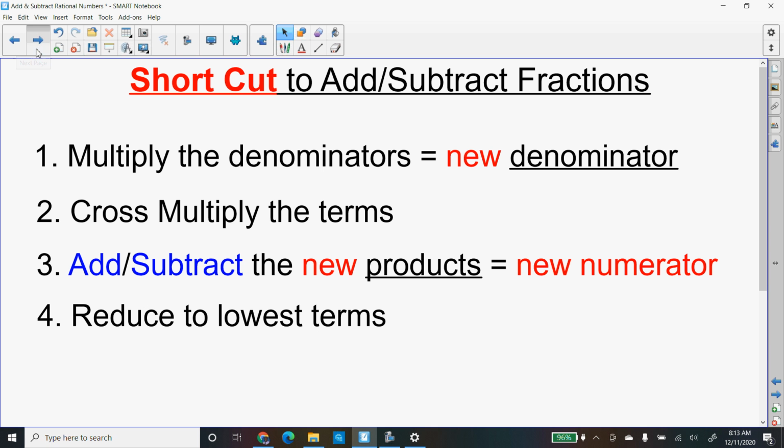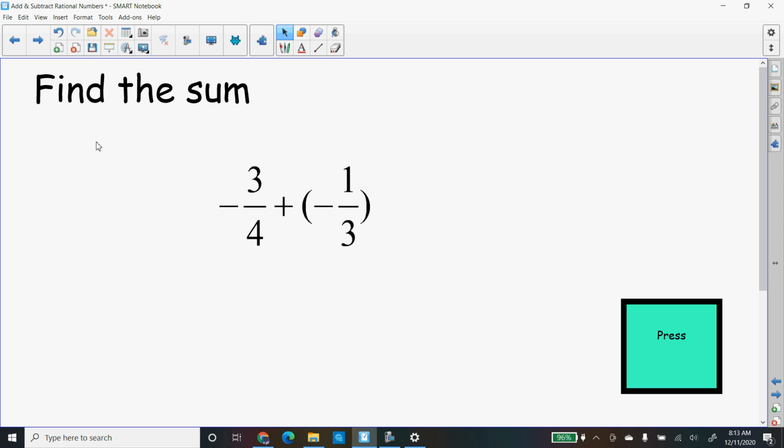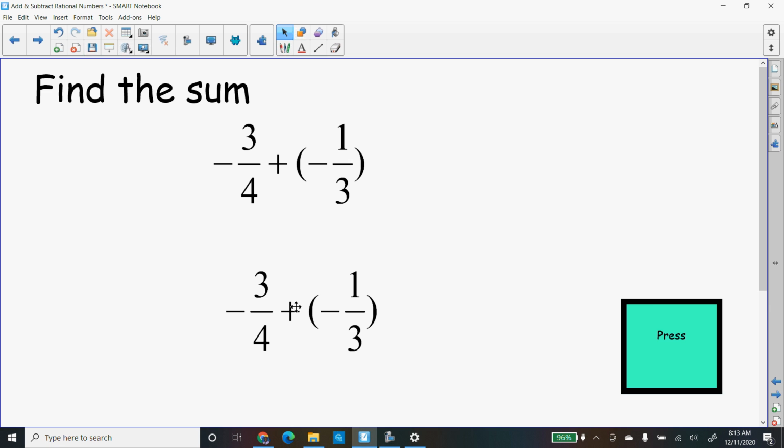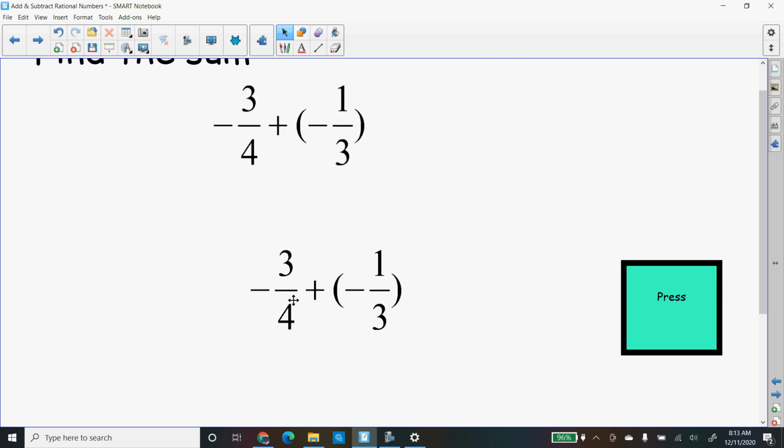So what do you mean by that, Dr. Rob? Well, let me get this fraction here. Negative 3/4 plus negative 1/3. So let me just make a copy of it, bring it down a little bit, move that up a little bit, and get a little space.